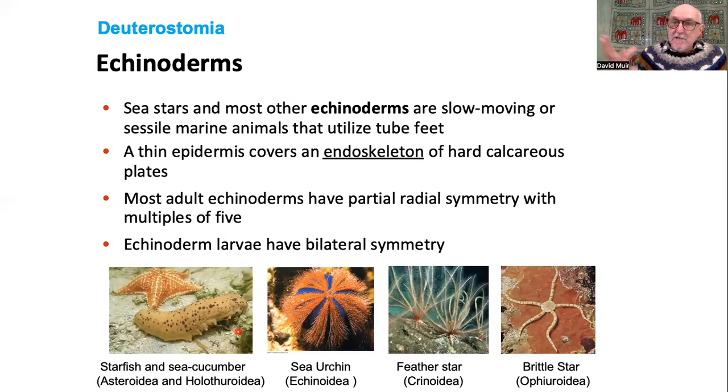They have numerous tube feet, and you can just make them out here on the sea urchin, sticking out. They are soft, tube-like extensions with a sucker on the end, and they can be fixed to the substrate and actually move the organism around. They can also be used for capturing and dealing with food items.